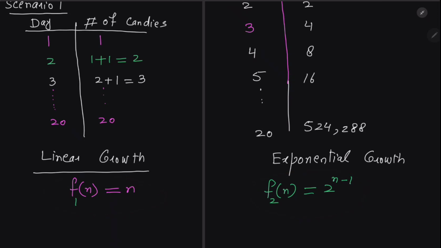So we should have some definition to tell us how a function behaves. That's where the definition of big O notation comes in.